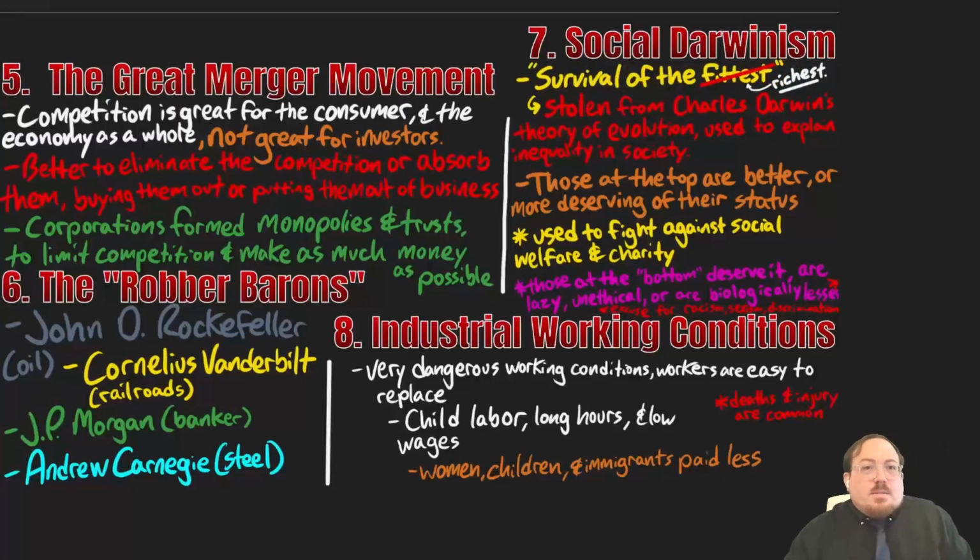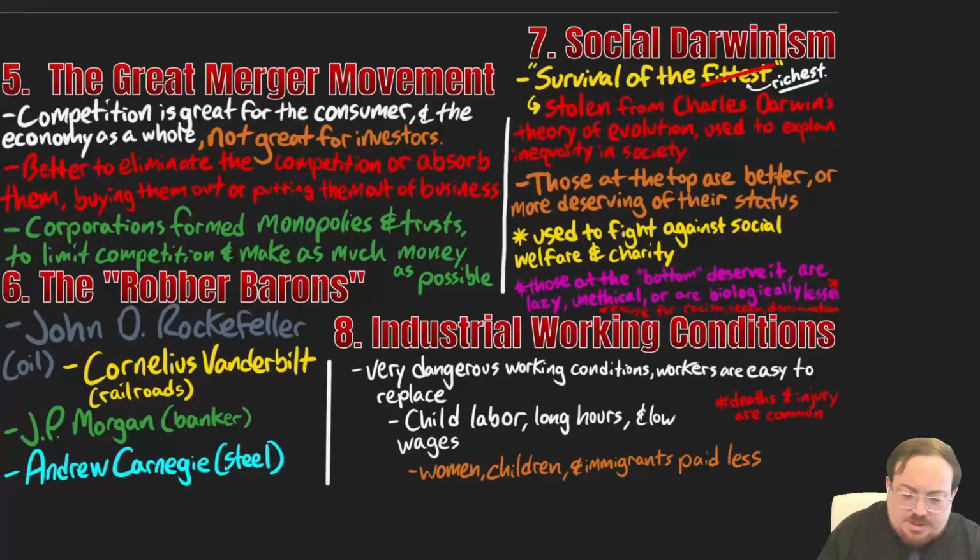Moving on to our next term, social Darwinism, taken from Charles Darwin's theory of evolution, this idea of natural selection, survival of the fittest. Some in this period of history will try to apply the same ideals to our human society.